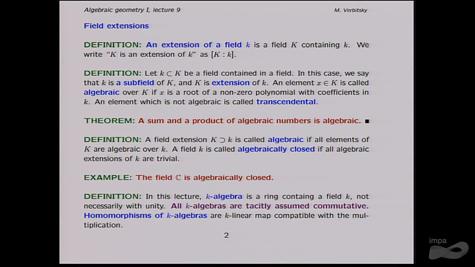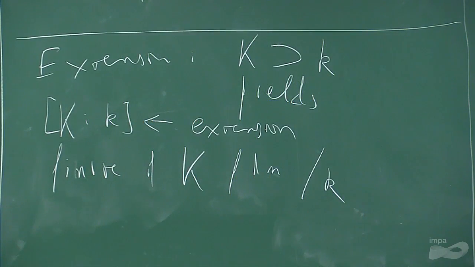This is something we have done. Then if you have an element of this finite extension, it's called an algebraic number or algebraic element in the big K. If all elements are algebraic, it's called an algebraic extension. Sum and product of algebraic elements is algebraic, and also division. Yeah, this is something we have done.